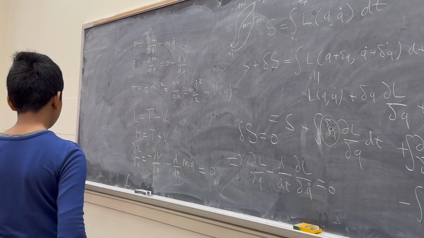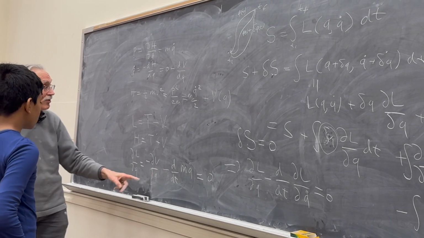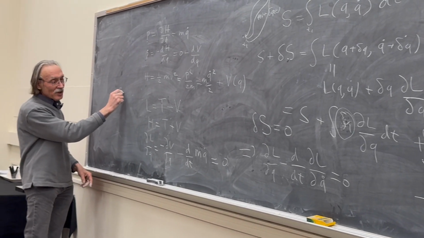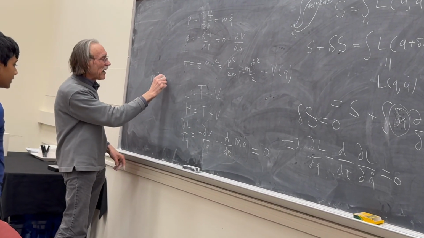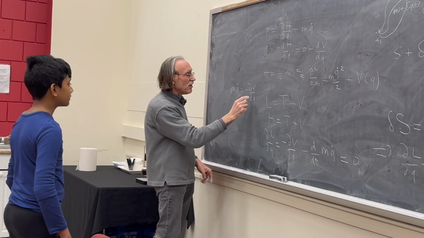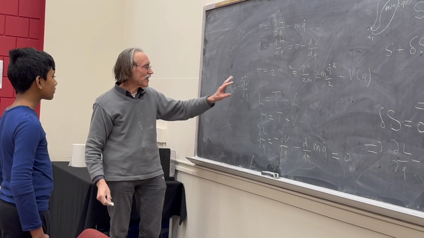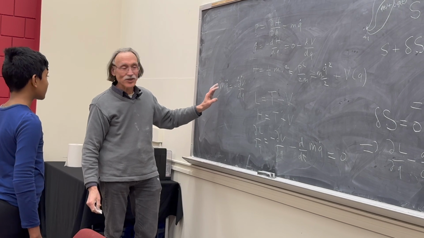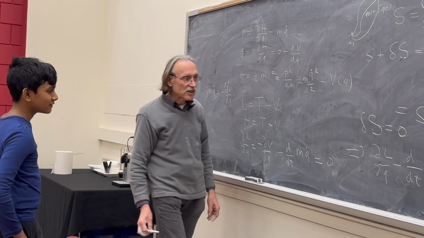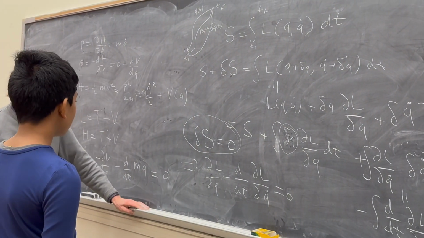So what we are getting is m q double dot is equal to minus dV/dq, which are again the correct equations of motion. So this is the force and this is the acceleration: m times a is equal to the force. These are the equations of motion.